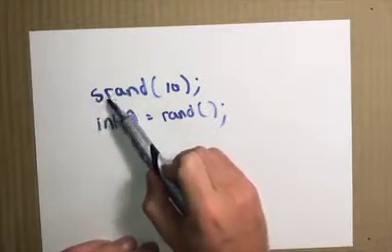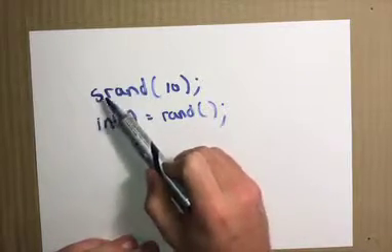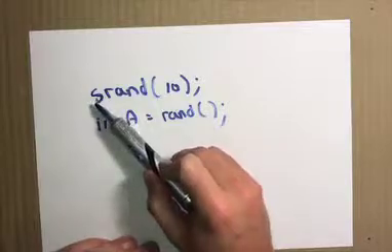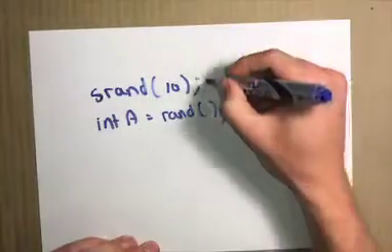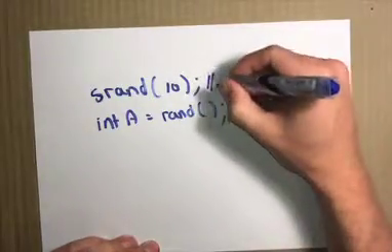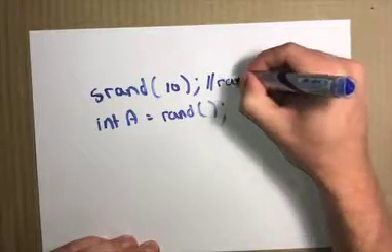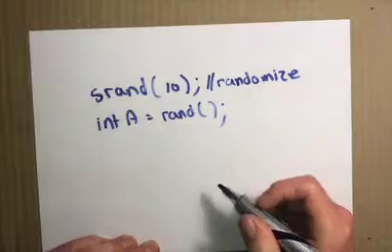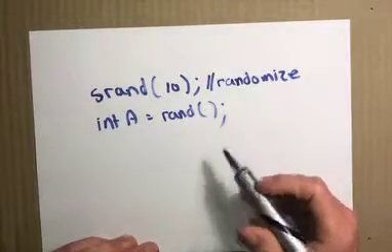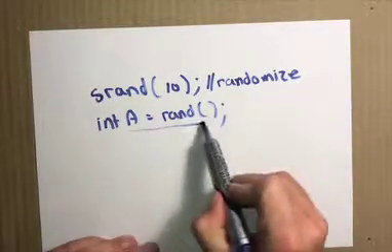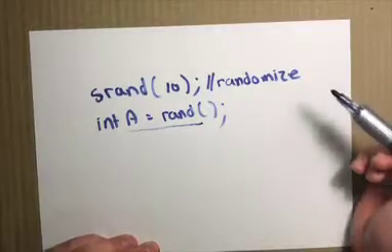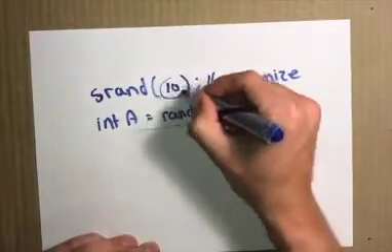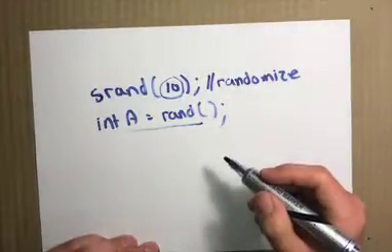So srand stands for random seed, and it's also normally called randomize. We randomize the rand function. So now a will be a lot more random due to this variable.